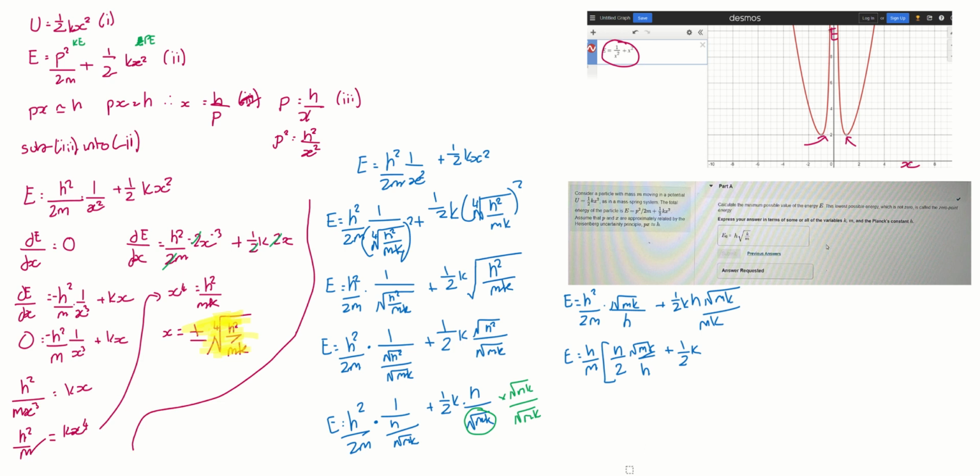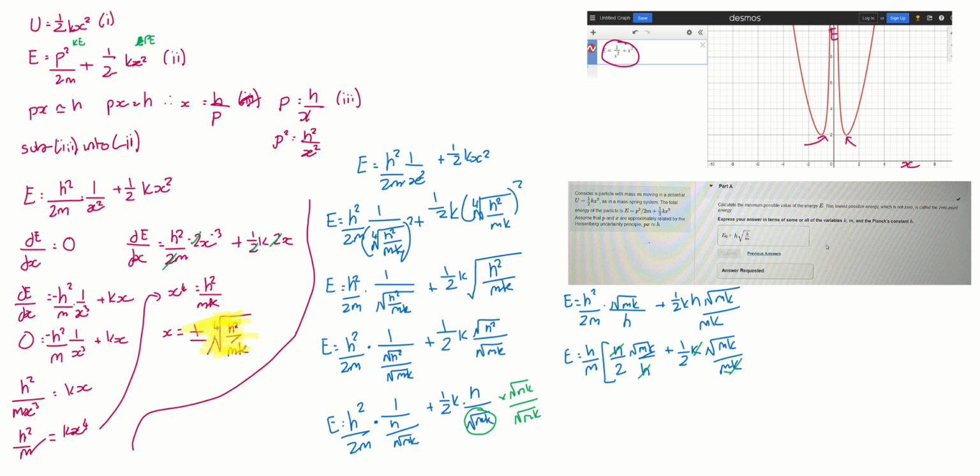What are we taking outside? We're taking an h and we're taking out an m, so that means we're left with a half k root mk over mk. Now you can start to see there's some cancellations that go on here, which is going to make life easy. They disappear.